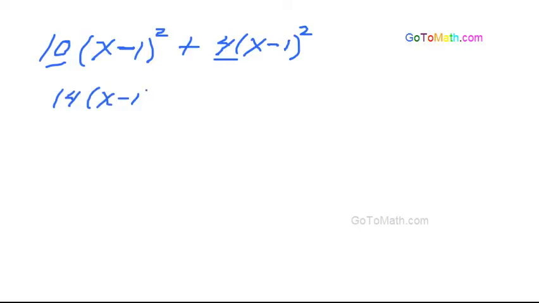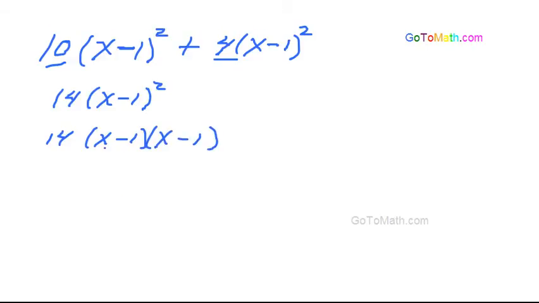If you weren't paying attention and you expanded this out and distributed the 10 across and then did the same thing over here, you'd be spending a whole lot of unnecessary time, let me tell you. But what we could do now is expand this out to x minus 1 and then x minus 1.